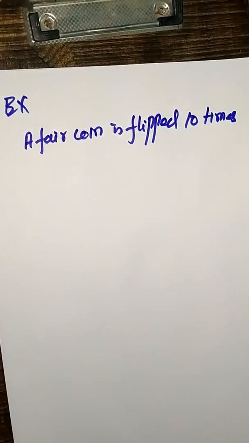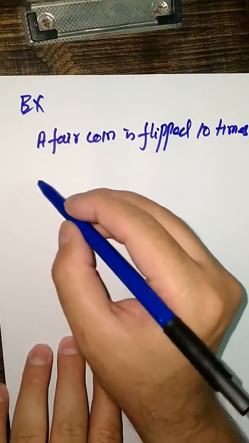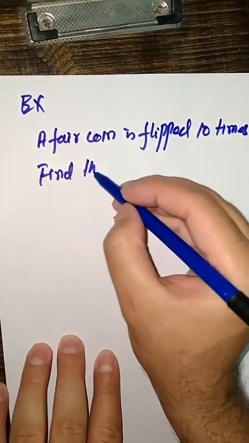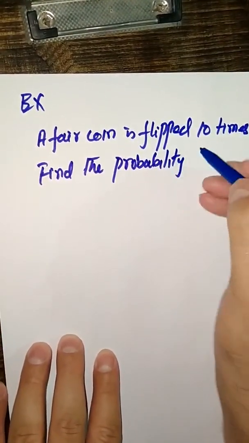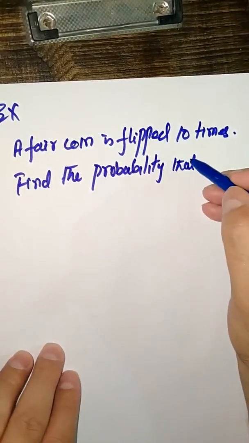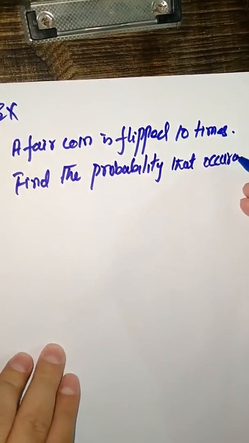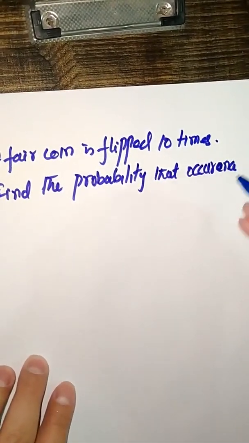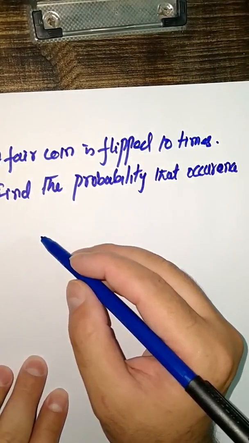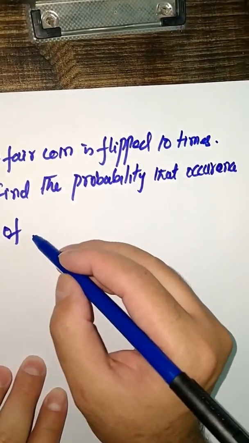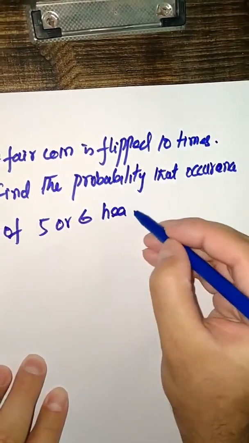Find the probability of occurrence of 5 or 6 heads.